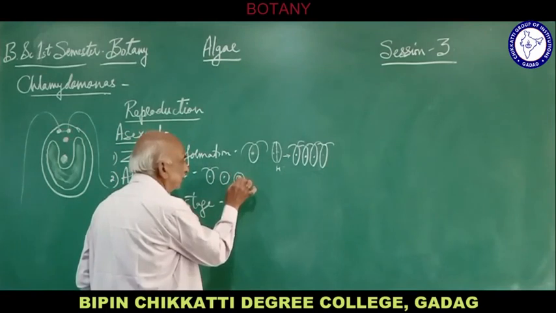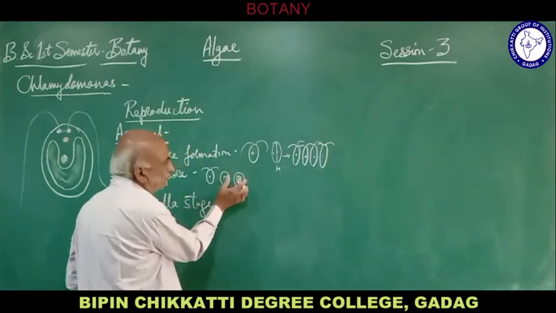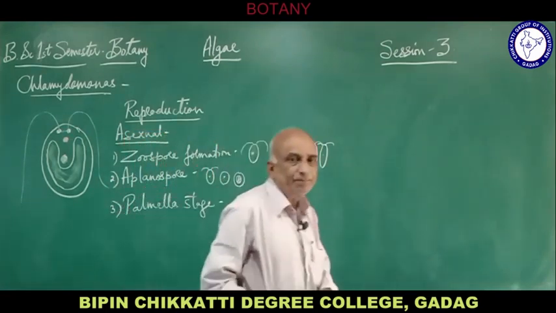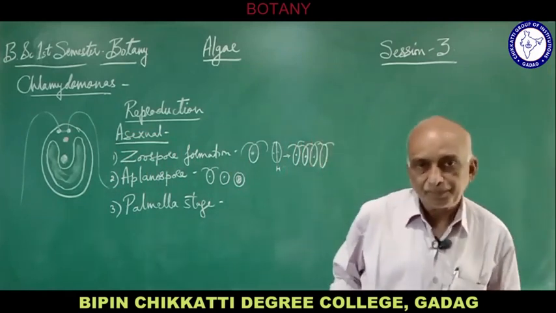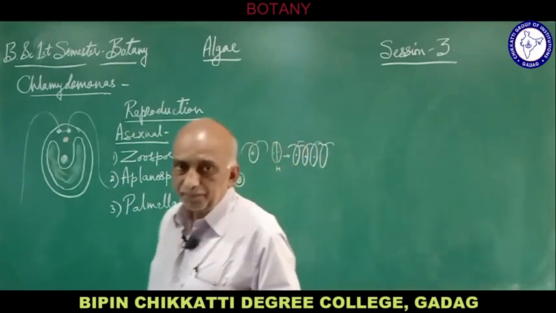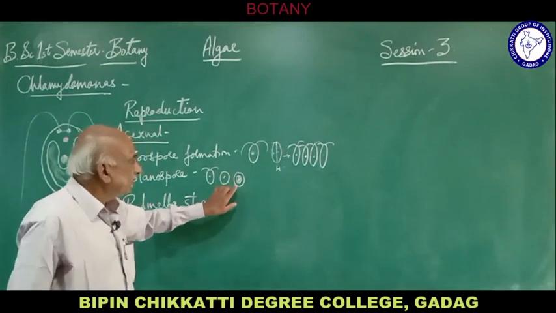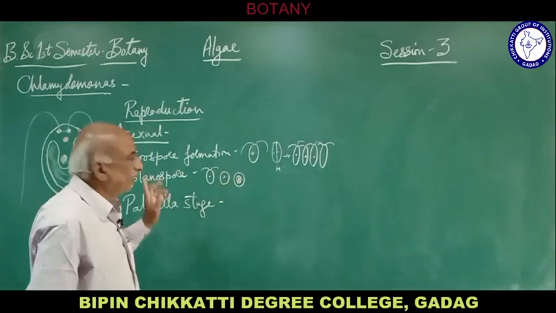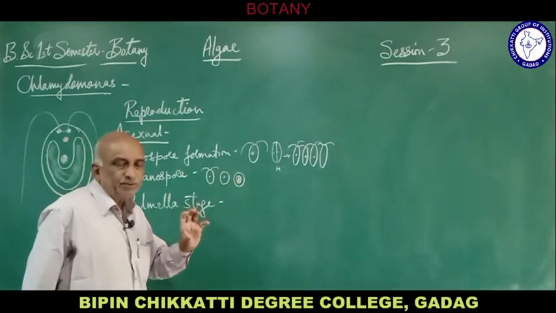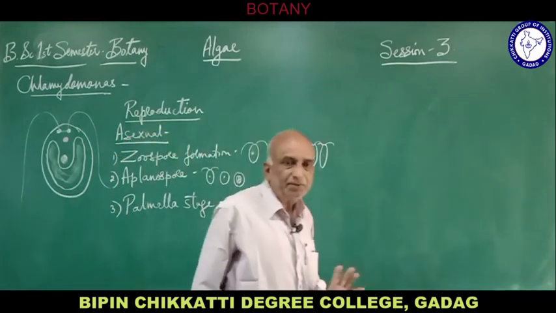This is the protoplast which somewhat contracts or withdraws from the cell wall and it remains inactive. So this is called as a planospore. So a planospore means here there is no division.